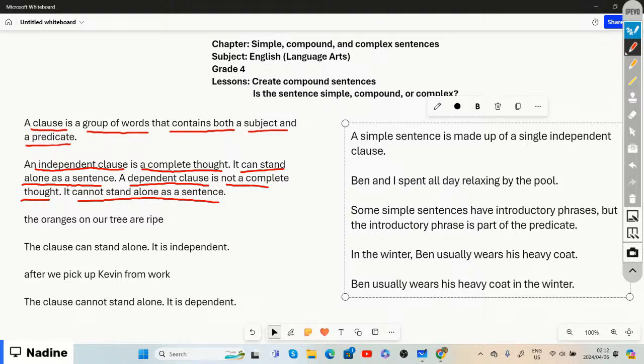You depend on your parent to go to work and to see that your basic needs are taken care of. So you need your parent, and that is an example of a dependent clause. The same with a dependent clause, it cannot stand alone as a sentence. It needs the independent clause.